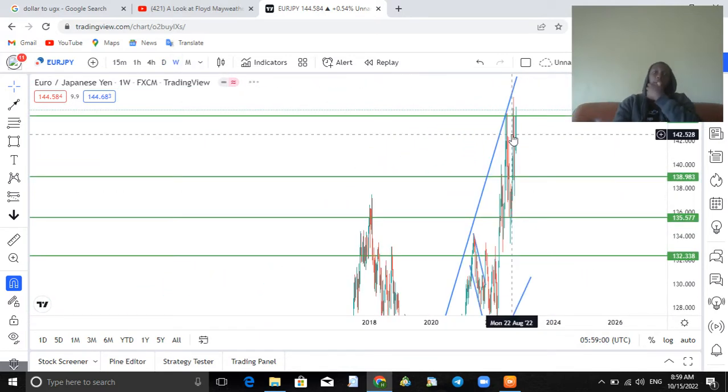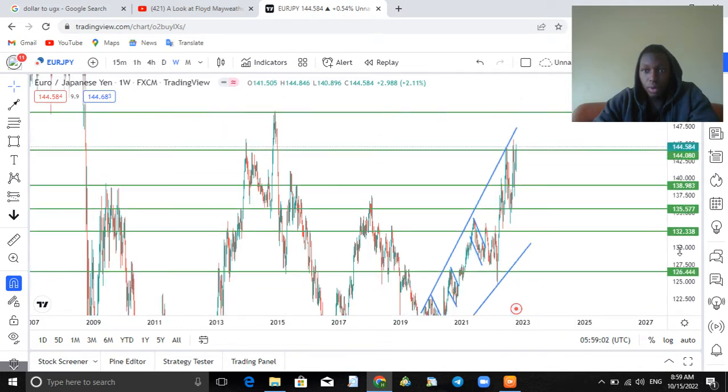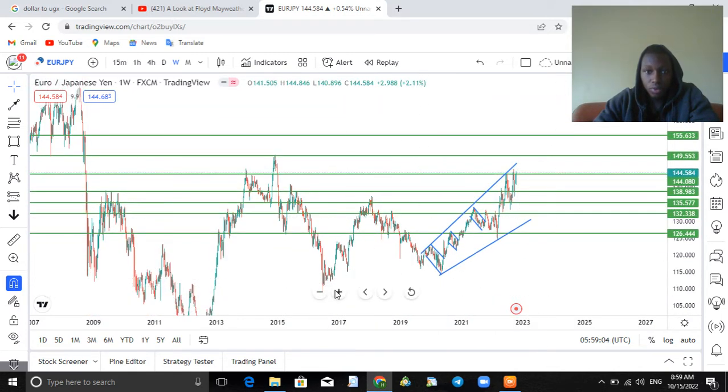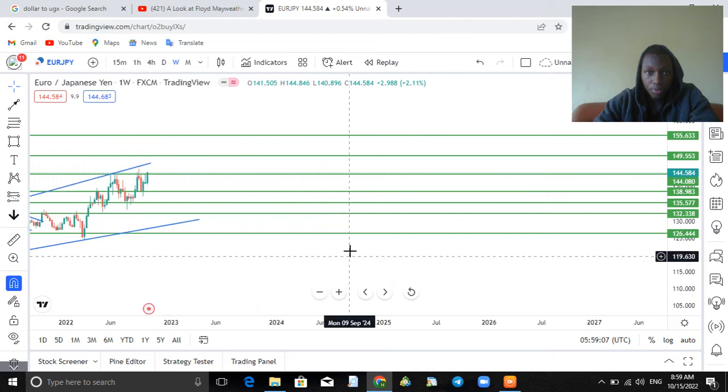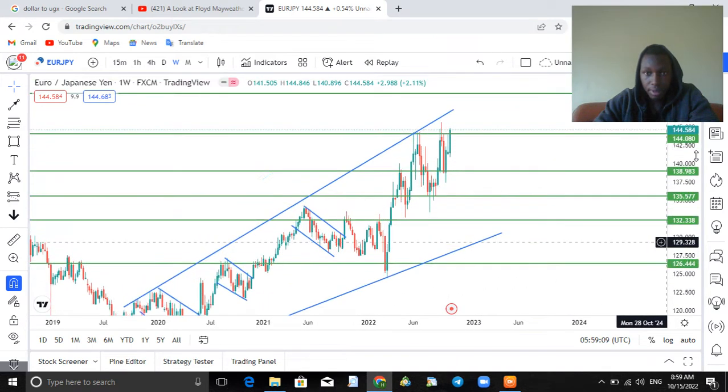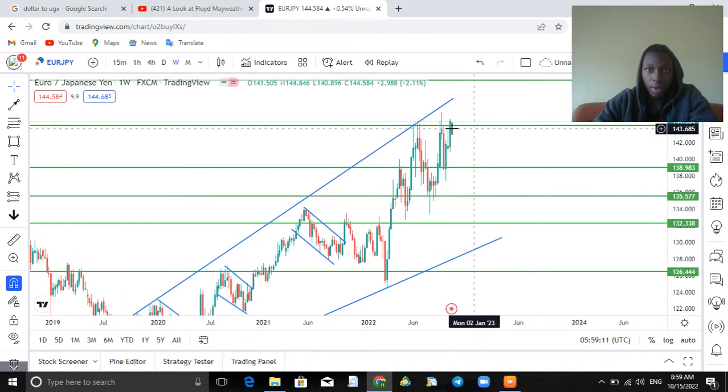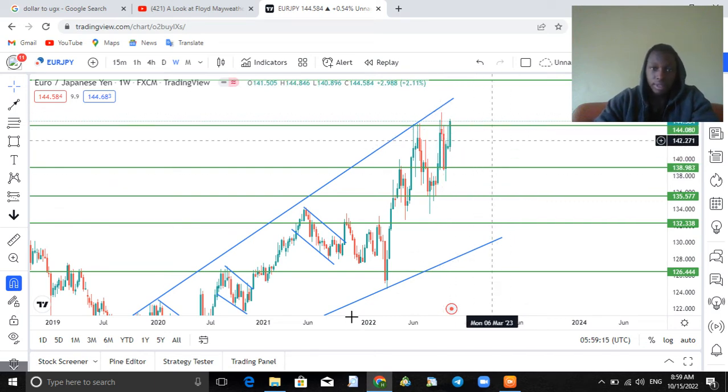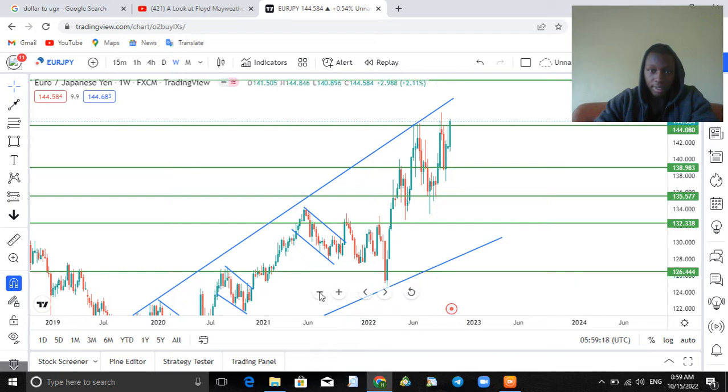Now I'm going to start with the weekly time frame. When you go to the weekly time frame and zoom out, I can see that the market is on our resistance trend line, resistance level, which is our major market key level.